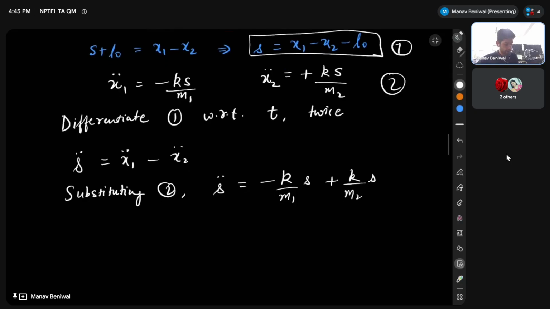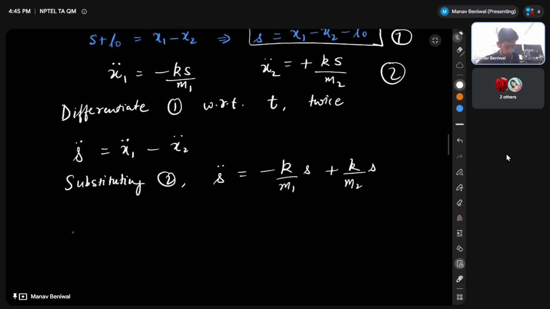If we take minus k s as common, we get s double dot as minus k s times 1 over m1 plus 1 over m2.